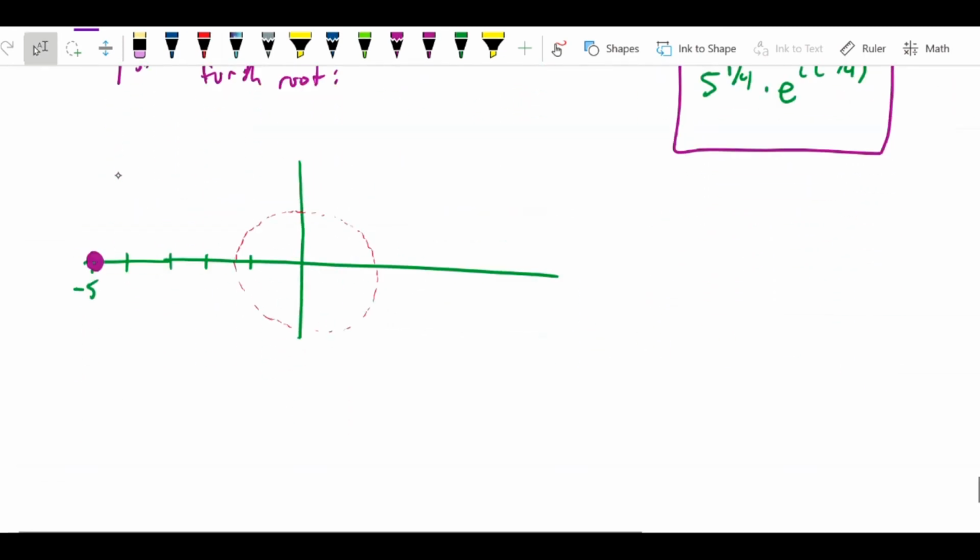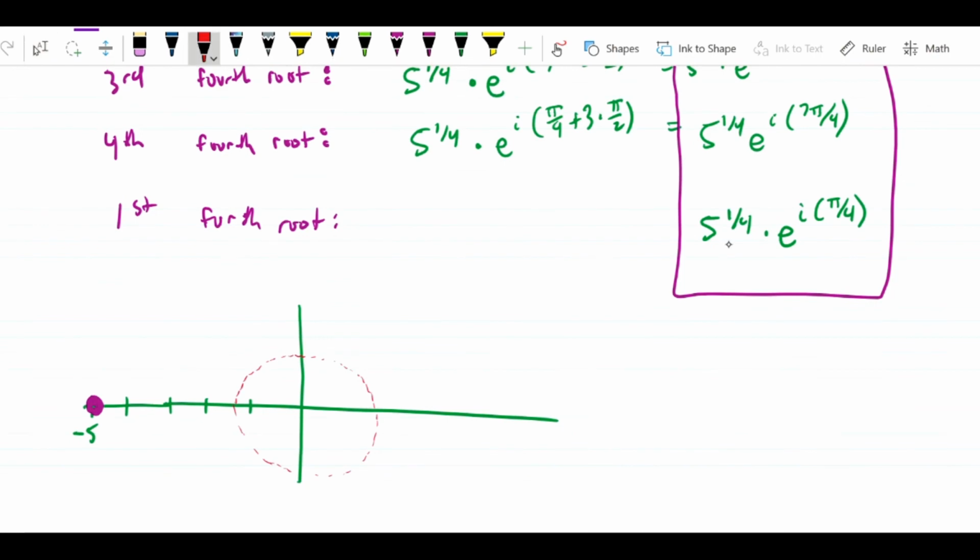And now looking at where these roots are, 5 to the 1/4 e to the I pi over 4. So that's going to be about there. And then all these roots are 1/4 of the way around the circle from each other. So they're going to be there, there, and there. That's what happens when we keep adding pi over 2.